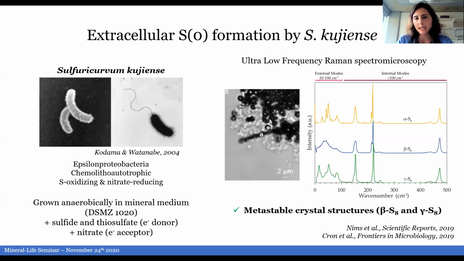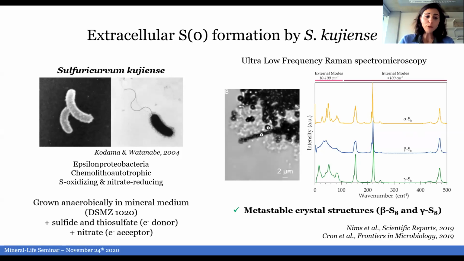And finally, we used Raman spectromicroscopy to determine the crystal structure of this sulfur. And here you have spectra from this sample where you can see that we actually find alpha, beta, and gamma sulfur, beta and gamma being the metastable monoclinic ones. So we're ticking the third box, which is metastable crystal structure.